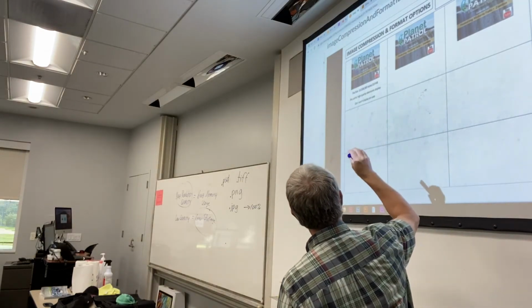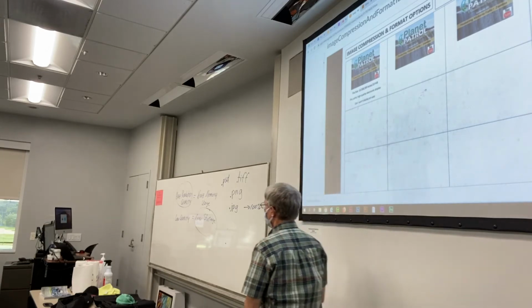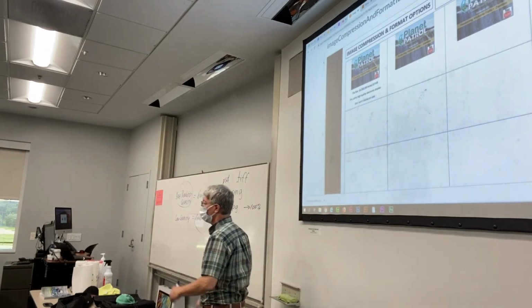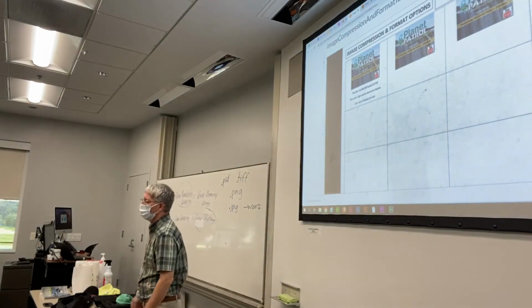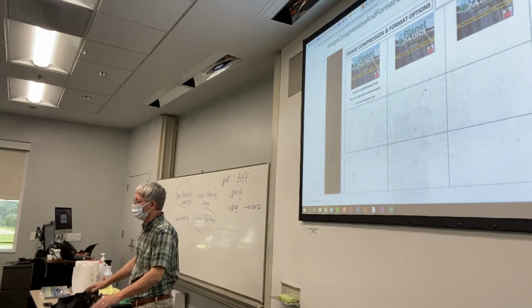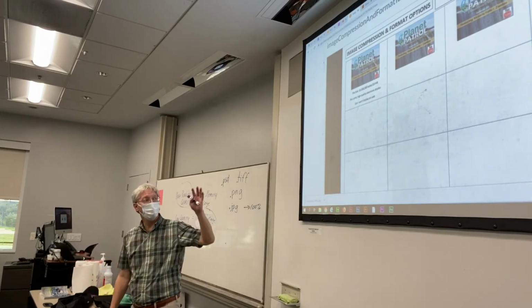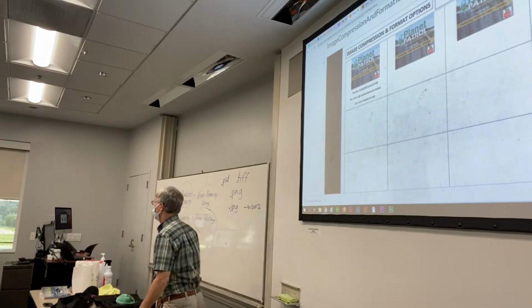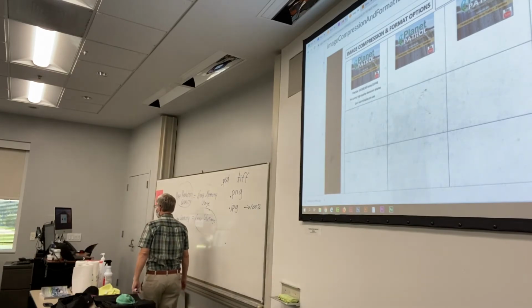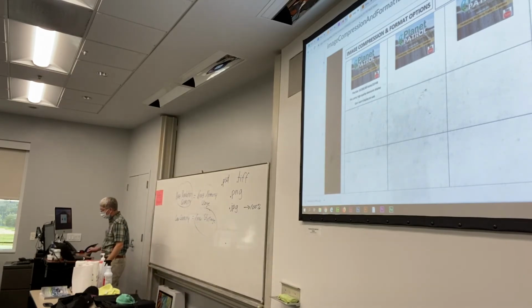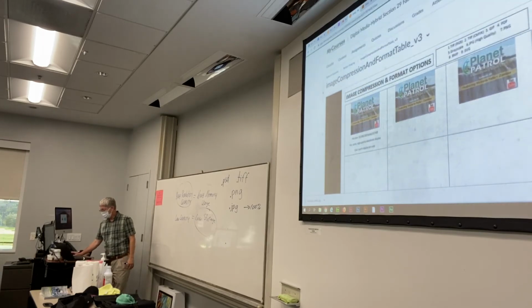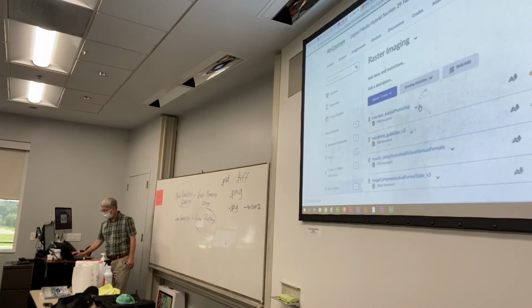Okay, so then the next thing I want you to tell me is give me one pro and one con for those formats. For each format, one pro and one con. And I've got some documents to help you with this on D2L. They're right here.